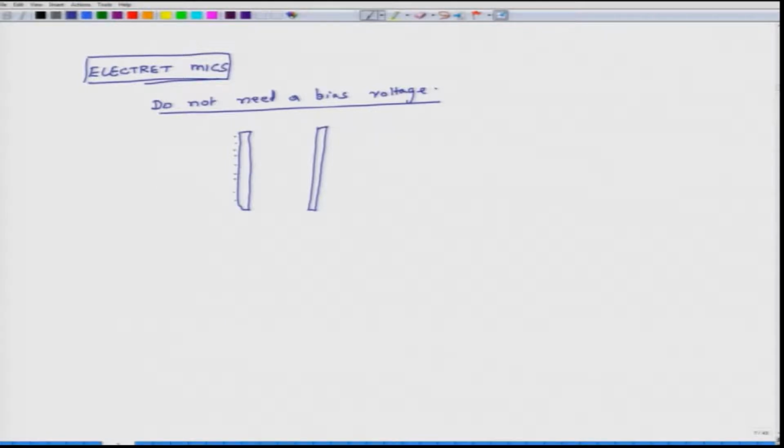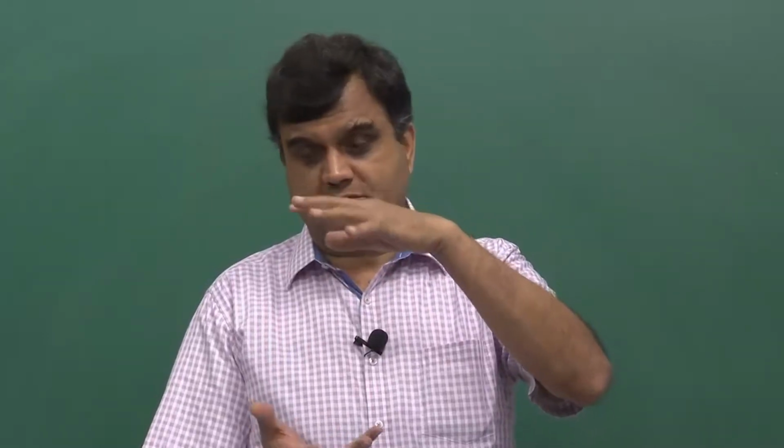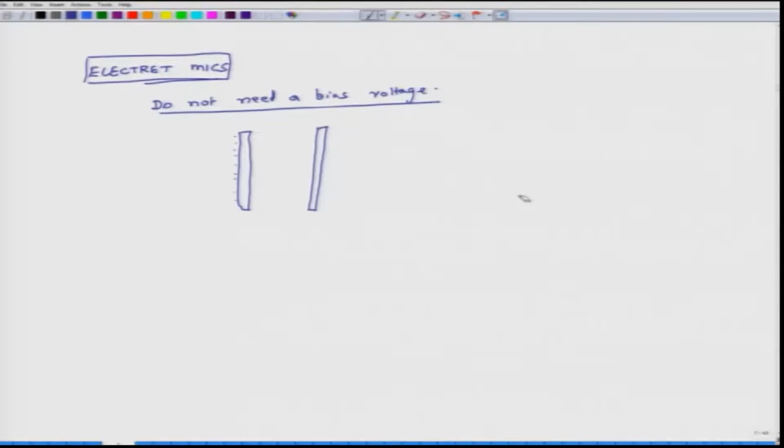So, what happens is that there are some materials, for instance, some special types of plastics. If you heat them, and in the heated state you exert some external potential difference across them, if you put them in a strong electric field, then on one side you may have positive charges accumulate, right.